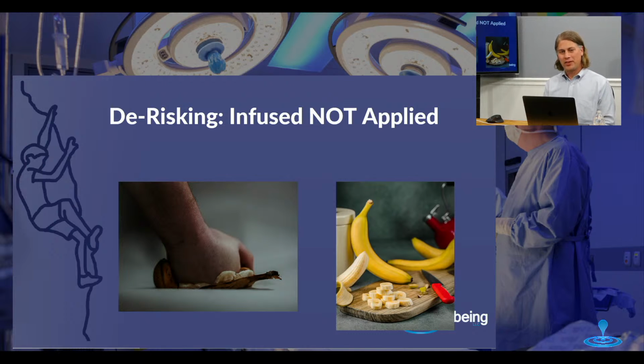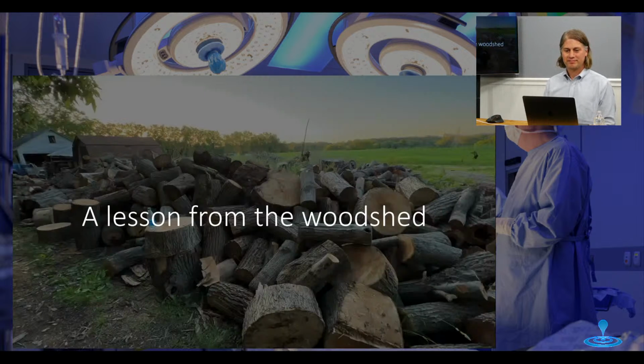We could say the same thing about de-risking. De-risking needs to be infused in all parts of your development program. If people really understood what it meant to take the risk out, they would all embrace it. And so that's why we're talking about it. It's not something that can just be applied. You smash the banana, you don't get what you're looking for, but maybe if you gently cut it up, you can get to where you want to be.